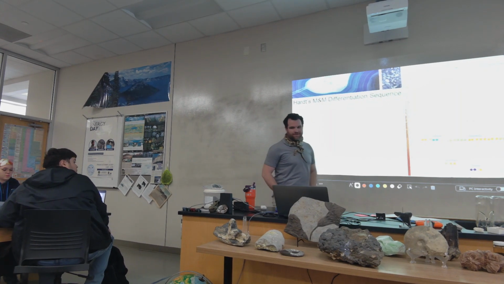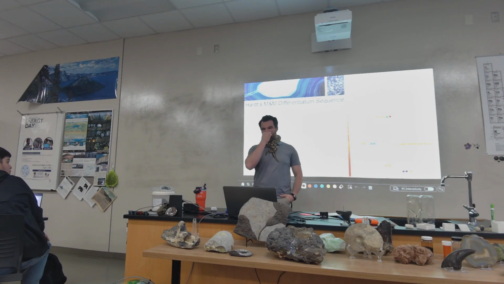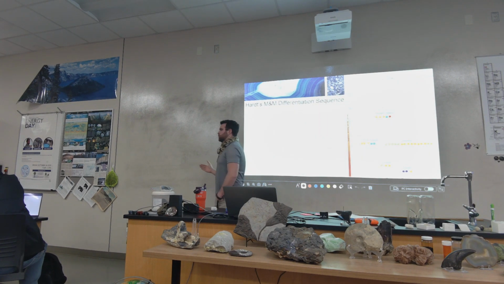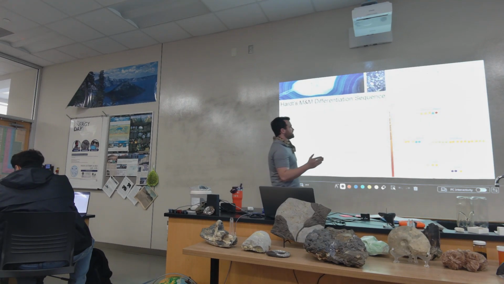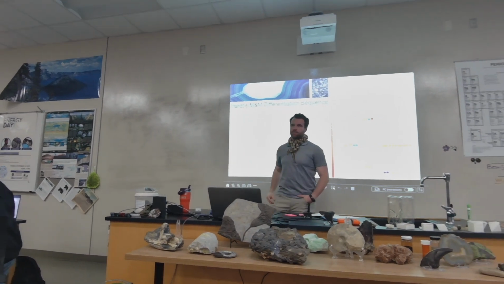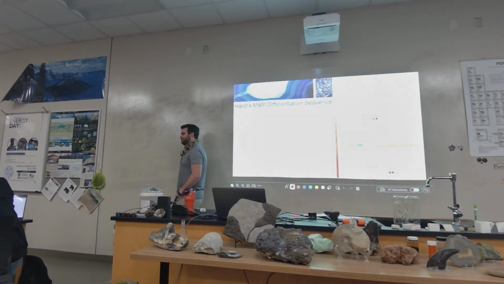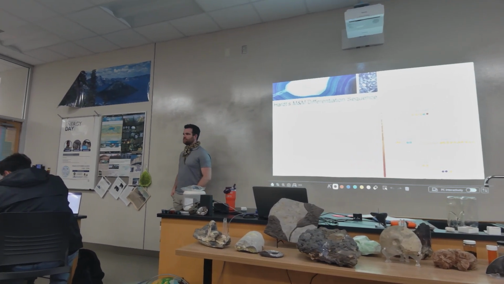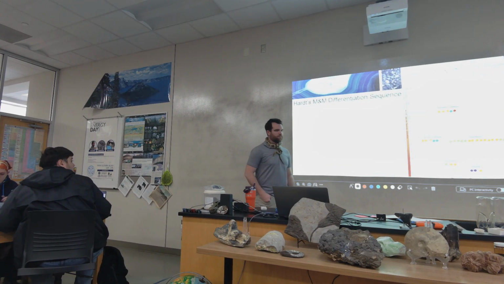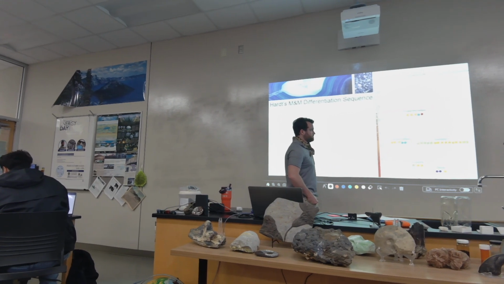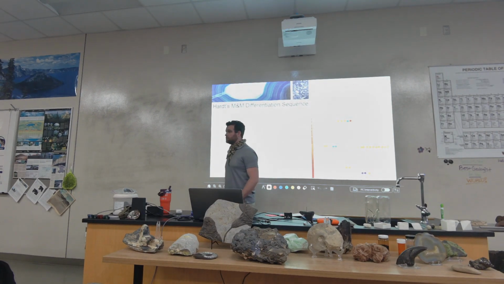Okay. Then we've got potassium feldspar. We have now entered the intermediate zone. Okay? So we have 3 silicons, an aluminum, and a potassium. We are not making any olivines anymore.